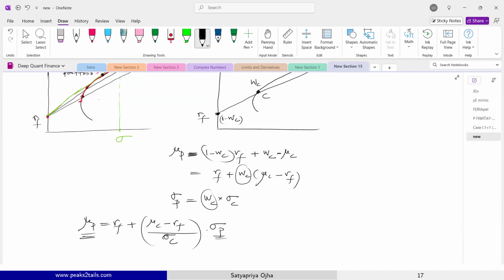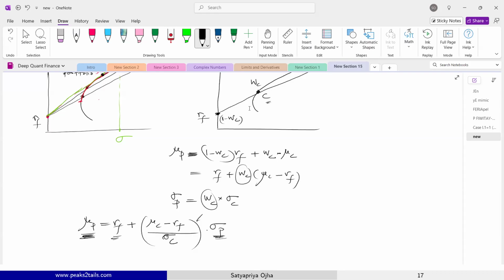So the overall portfolio, please remember, our portfolio P consists of the risk-free asset and C together. Inside of C, there are two assets A and B. I'm not worried about that right now. The portfolio return and sigma P are related using this straight line, right? Linear equation, constant intercept, and then there is a slope. This is the slope.